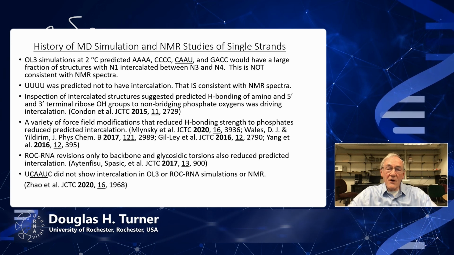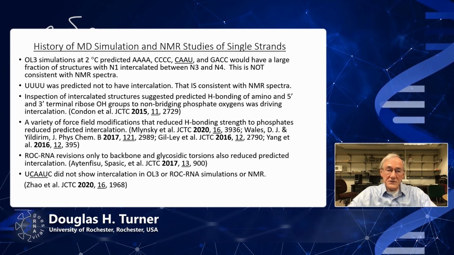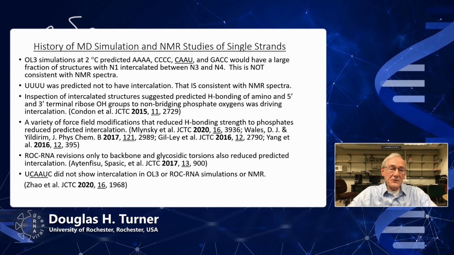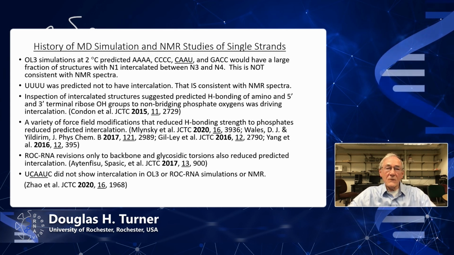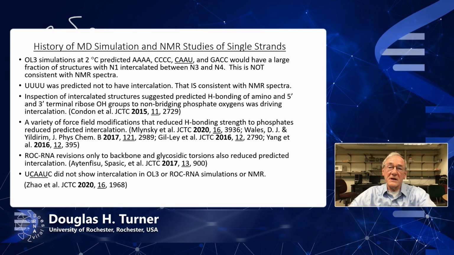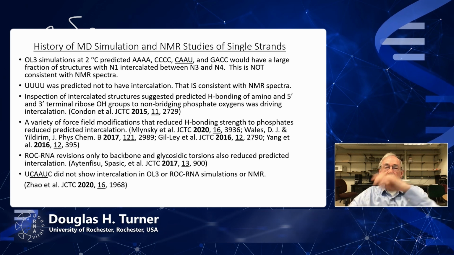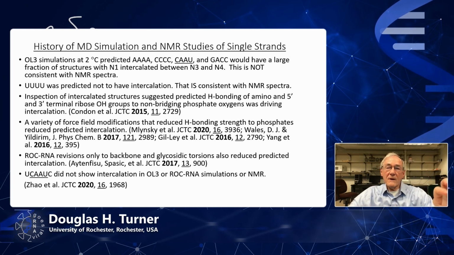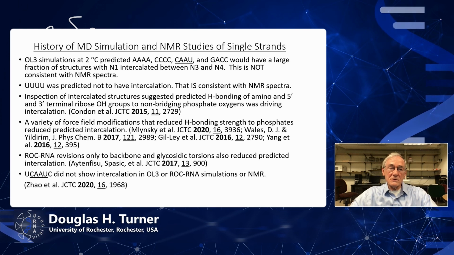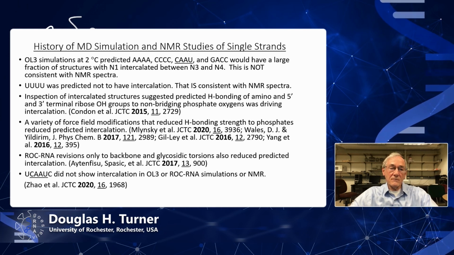They just revised torsions. And they also reduced that intercalation by a lot. The other thing that reduced that intercalation, so at the first bullet point, you'll see underlined the tetramer CAAU. The force fields predicted that would be 90% intercalated in solution. It was not intercalated in solution.